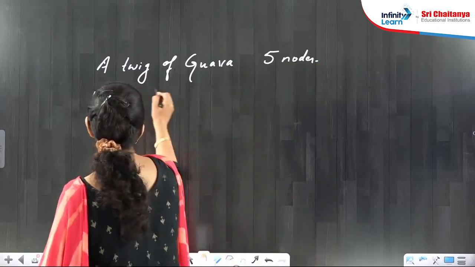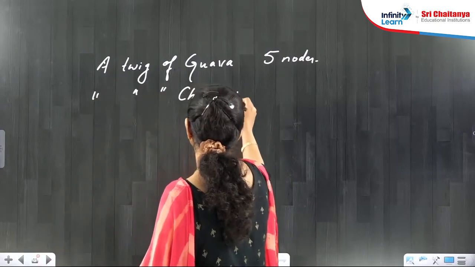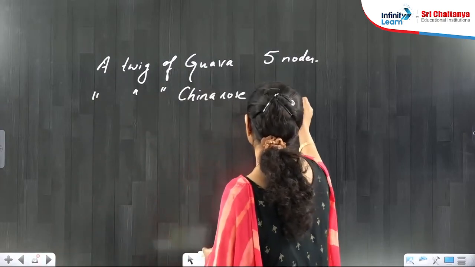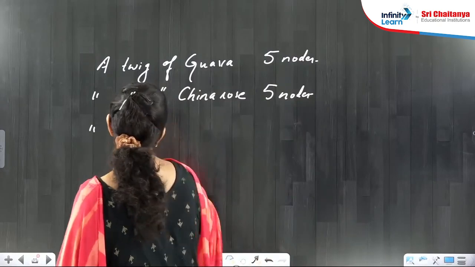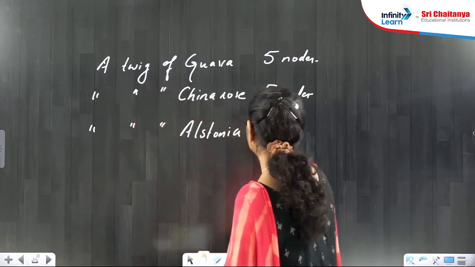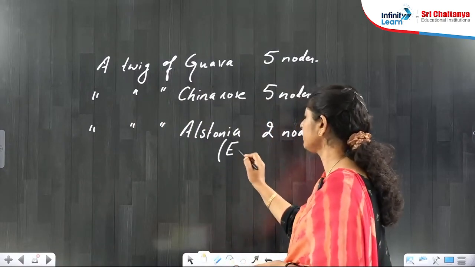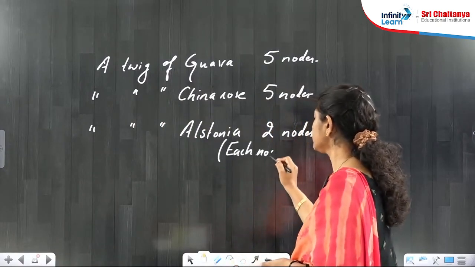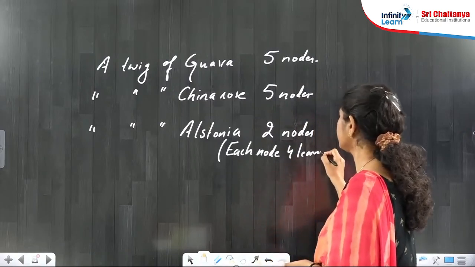A twig of China rose which contains, okay, I am taking 5 nodes again here. A twig of Alstonia with 2 nodes, but here suppose I give each node carrying 4 leaves. Suppose I am taking that, right?